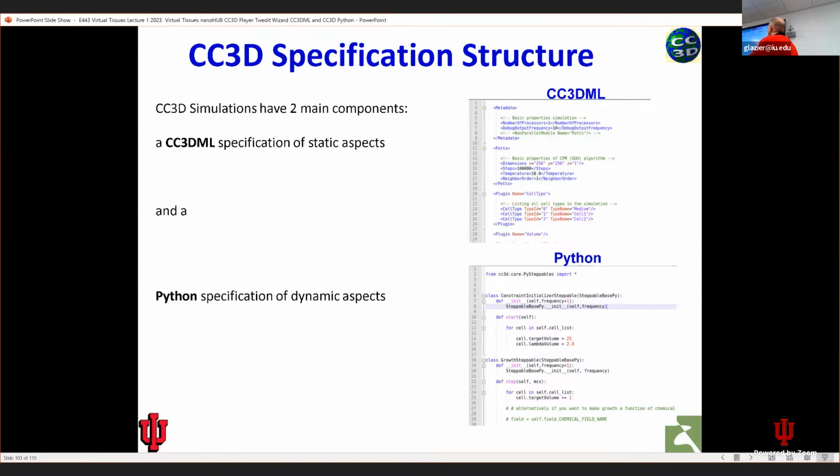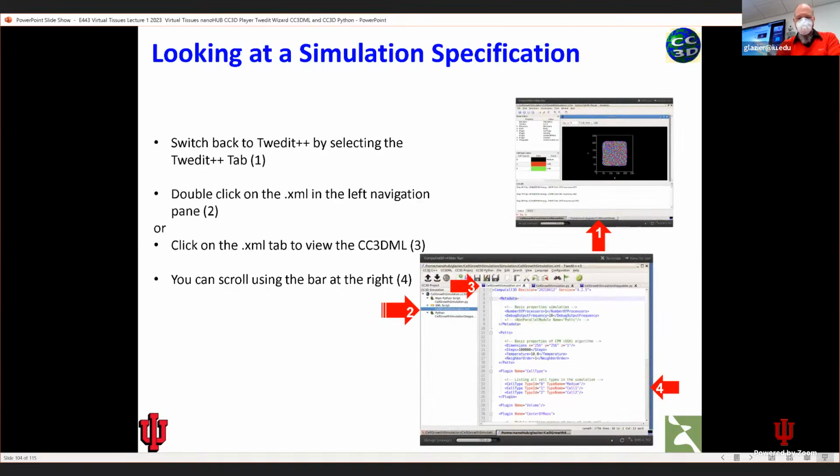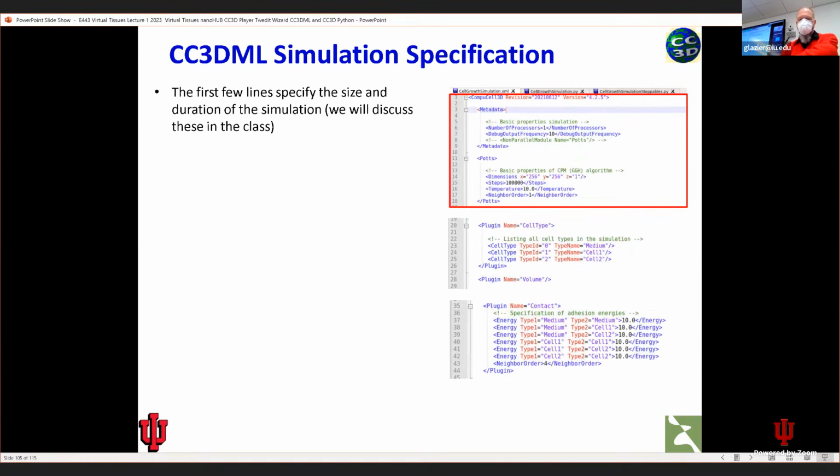XML, CC3DML code, that specifies the static properties of the cells and the simulation: how big the simulation is, how many processes you're using, what the cell types are, and so on. And then dynamic things are going to be scripted in Python. We could look at that in more detail, but I'm going to skip through this because we don't have that much time.